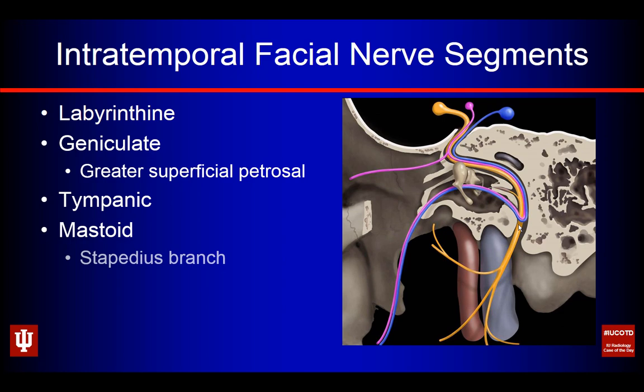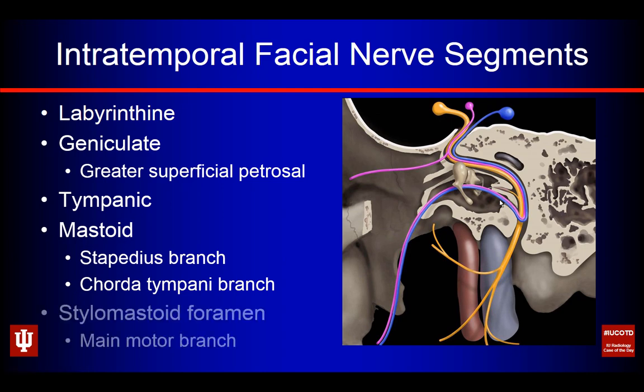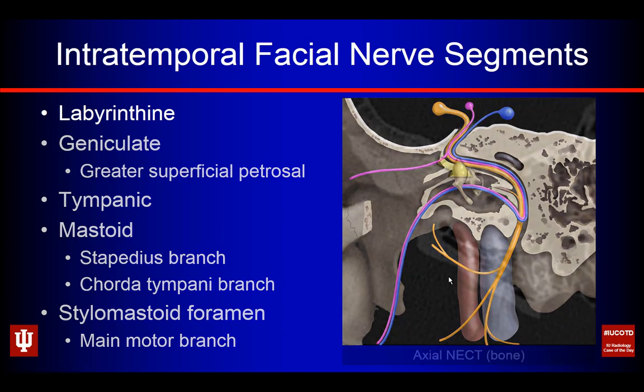That mastoid segment gives off a stapedius branch, so you can see that pyramidal eminence, and it also gives off a chorda tympani branch that provides taste to the anterior two-thirds of the tongue. Then it exits out the stylomastoid foramen at the skull base, and that's going to be our main motor branch of 7 before we get into the pes anserinus, where it breaks up into its respective branches, innervating portions of the face.